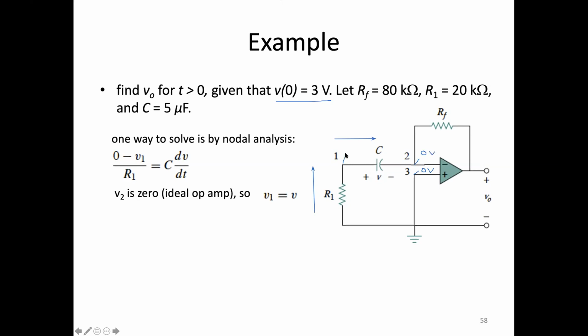And therefore, this node is sitting at V volts, right? Because 0 plus V equals V. From this point to this point, we have a voltage rise of V.